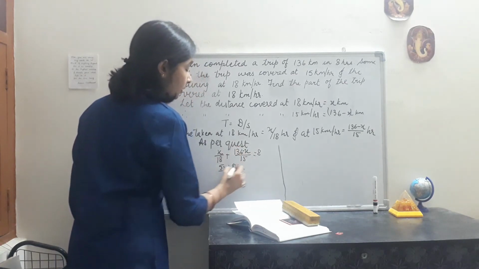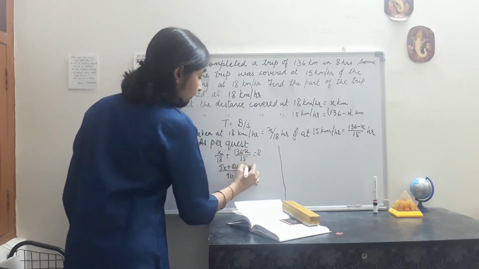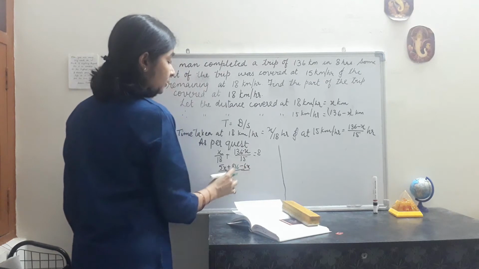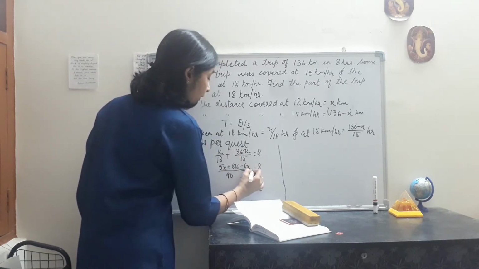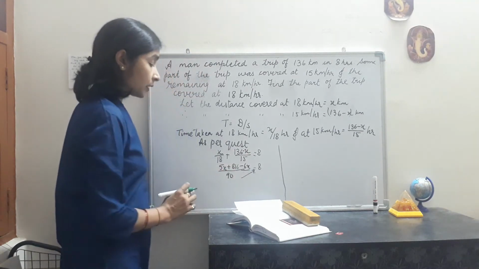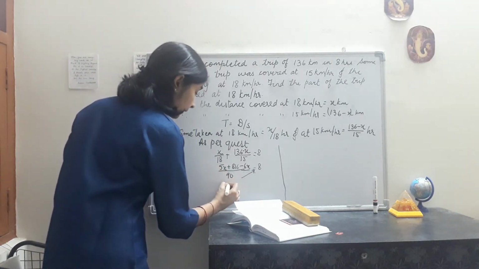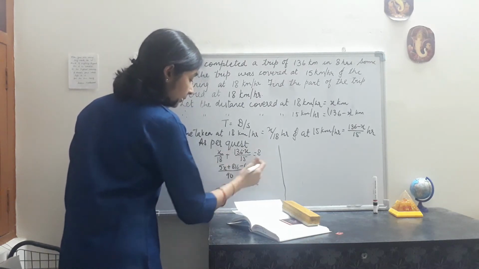So 816 minus, what else? We multiply here 6x, since 15 times 6 is 90. So we have multiplied the numerator also with 90. Now 5x minus 6x will give us minus x, and this 816 will go on the other side in the next step.